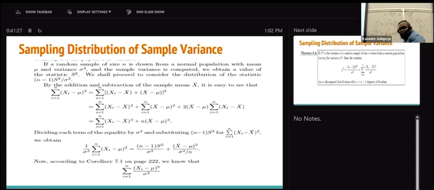Do you remember what we've done before? When z is a standard normal distribution and I square that, it becomes a chi-square. If it is 1, it becomes a chi-square with degree of freedom 1. But this is a summation from 1 to n. Can somebody tell me, for extra credit, what would be the degree of freedom? If this is a chi-square now, what would be the degree of freedom for this guy?